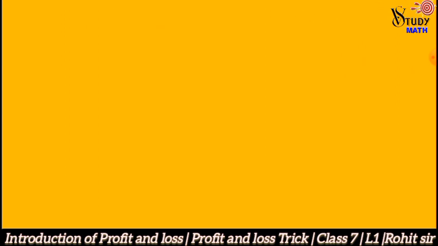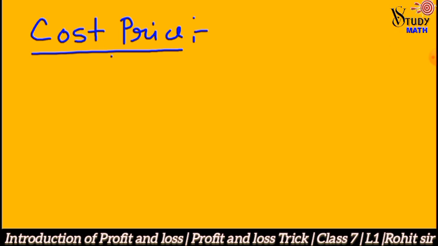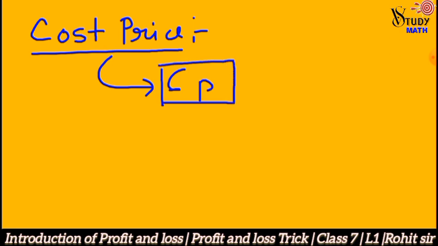So the first thing we have to know is what is cost price. We can write it as CP. C for cost, P for price. In short, we can write it CP.